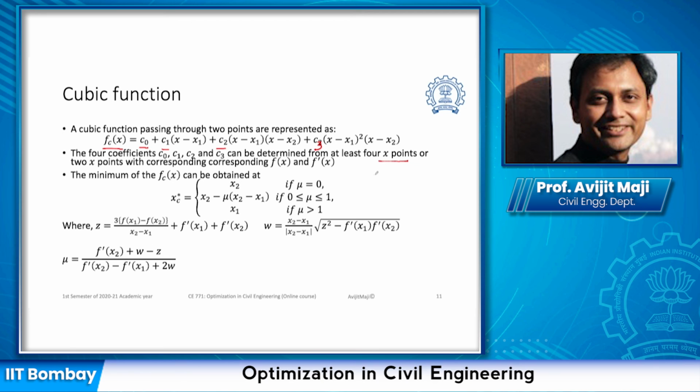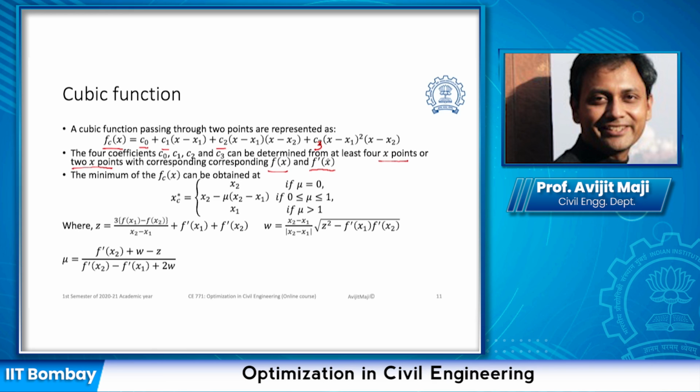The other option is that we can use only 2 points with corresponding function value f(x) and the first order derivative f'(x) at those 2 points. So let us see how we can do that.